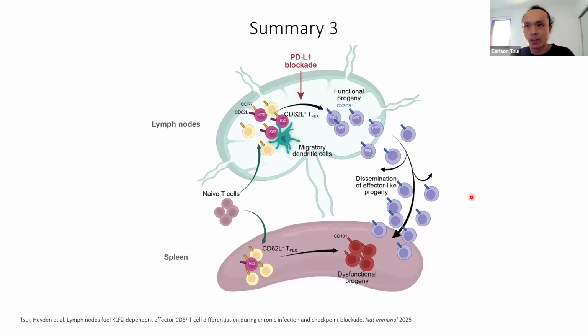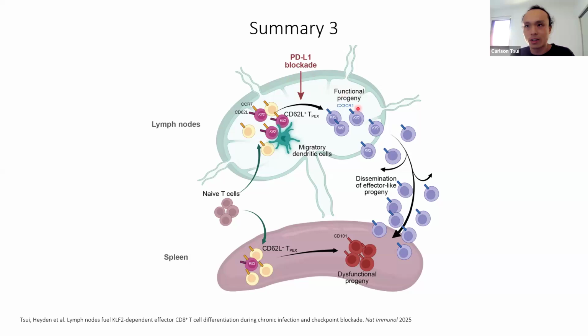So this brings me to the summary. What we identified in this study was that you have two migratory patterns of exhausted T cells, one marked by the expression of KLF2, and these cells are more favored to home to the lymph nodes, where they can encounter the immunogenic APC, such as migratory cDC1s, as we've shown in this study.